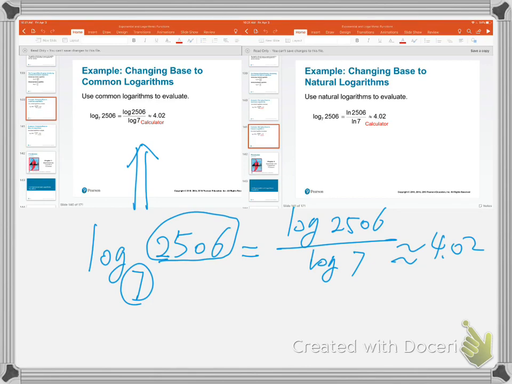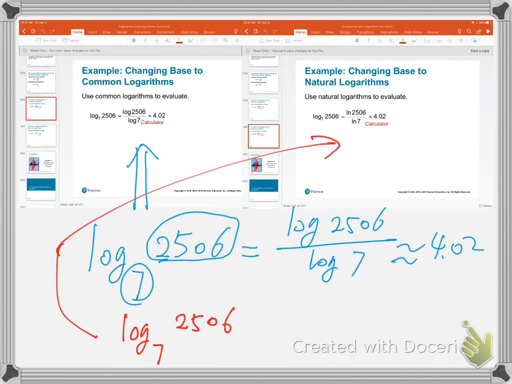That's the first solution. For the second one, we use base e. So log base 7 of 2506 is ln 2506 over ln 7. Use a calculator, you will get the same answer. So it doesn't matter which base you pick. You can use natural log or common log.